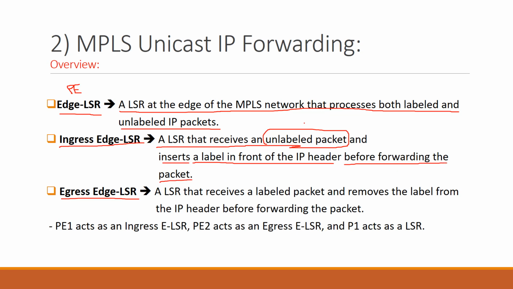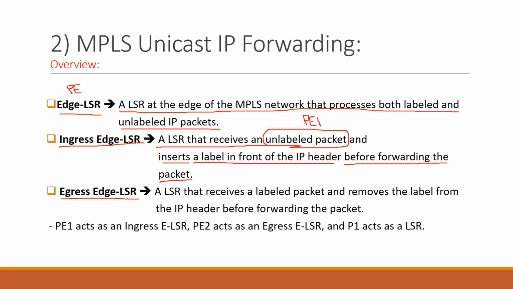As an example from the previous diagram or topology, we have BE1. BE1 is considered an Ingress Edge Label Switch Router because it received an unlabeled packet from CE1 and it injected label 10 into the IP header and forwarded the labeled packet.